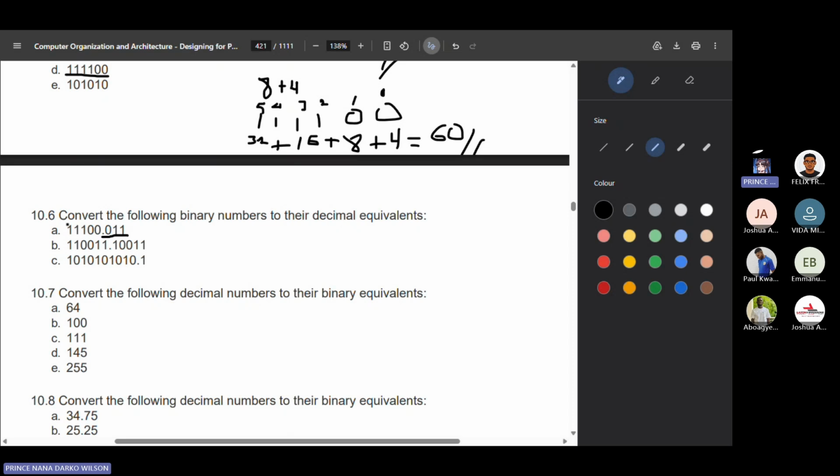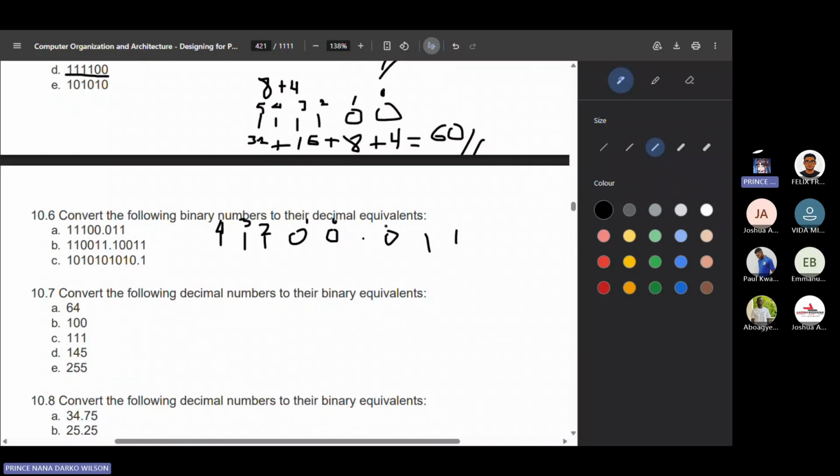So we know that this guy here is 2 to the power 2. Oh, sorry. Let's write the number longer so that 11100.011. So this is going to be 2 to the power 0, 2 to the power 1, 2 to the power 2, 2 to the power 3, and 2 to the power 4.